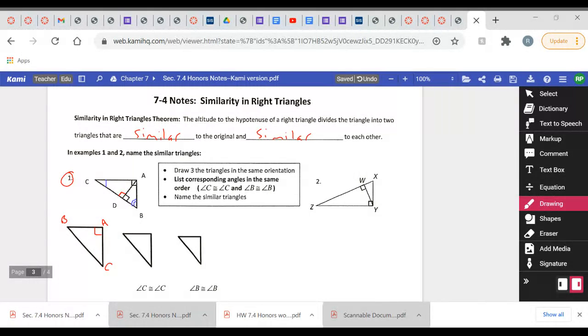Now if you look at the big triangle ABC, you can see it has a 90, a 1 mark, and a 2 mark. If we look at the medium triangle ACD, it has a 90 and a 1 mark. We don't really know what those angles are, but we know that if one's 90 and one's 1 mark, the other angle has to be a 2 mark.